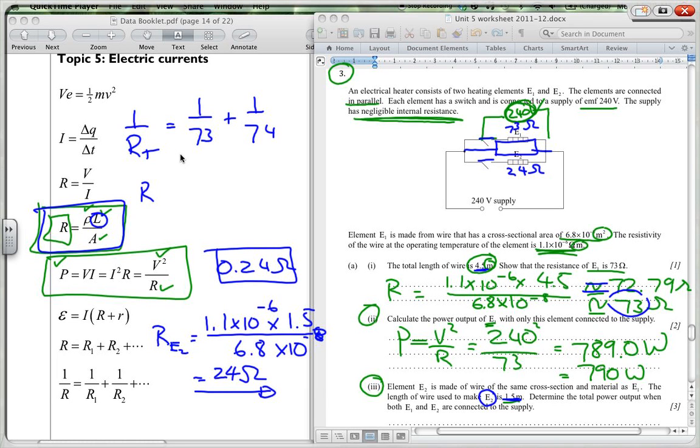When I find R total, it's just going to be the inverse of that. So I can just do that all on my calculator. We're going to do the inverse, and that will give me my R total. So let's just do that. So we're going to have brackets.